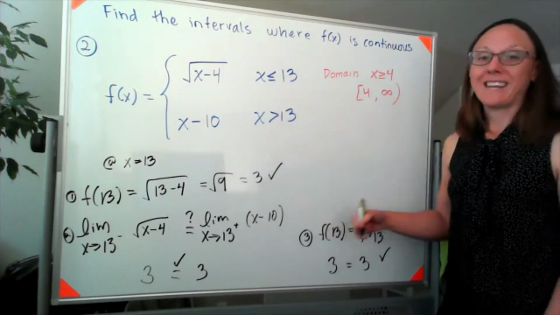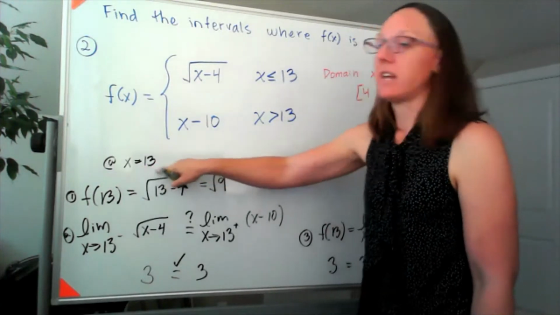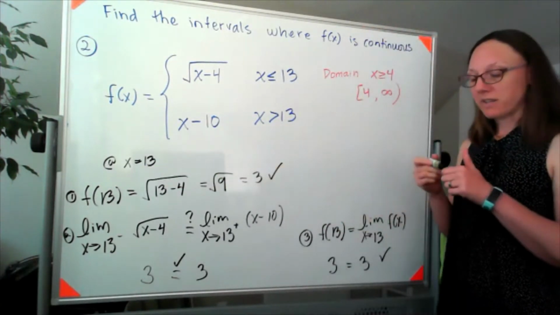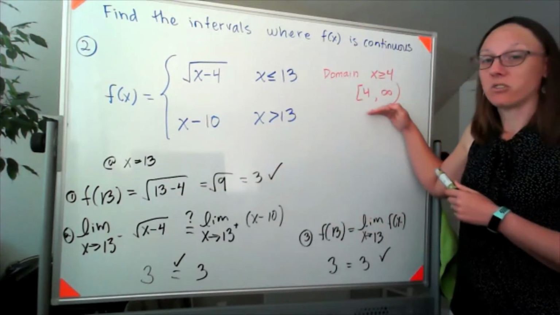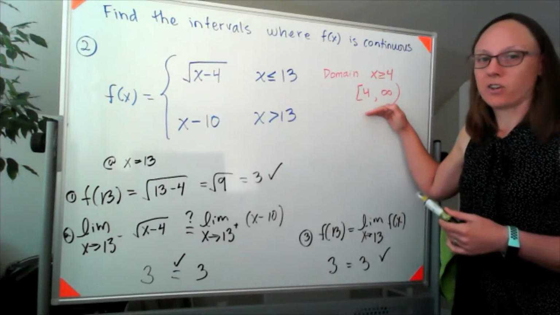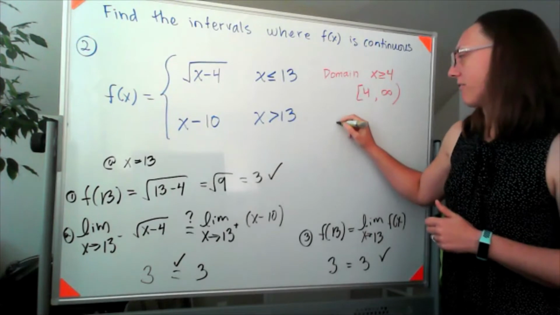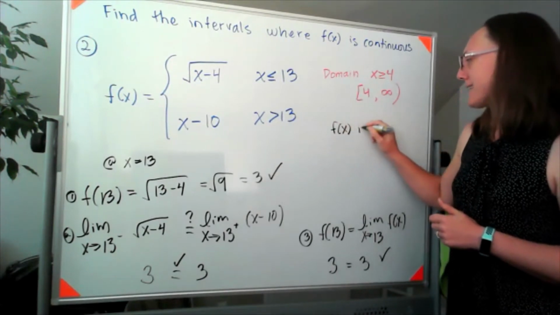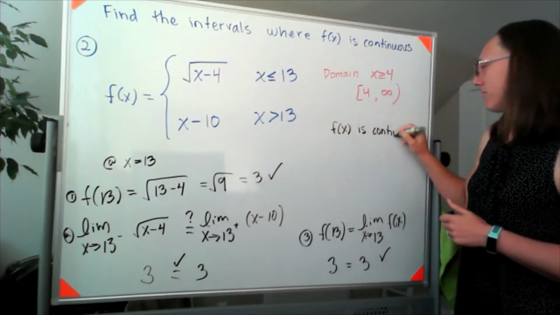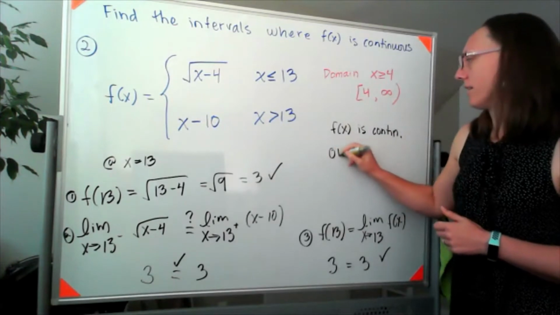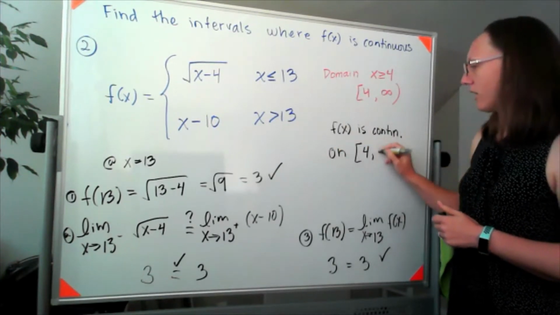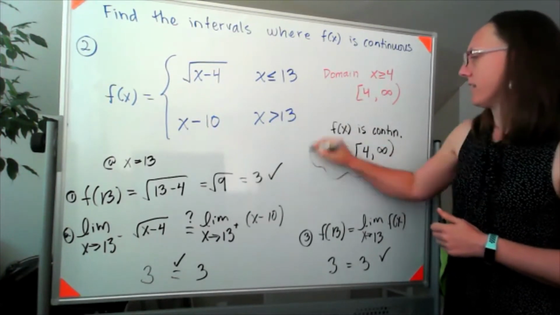So this function is continuous at 13, which means this original domain is also the interval where f of x is continuous. f of x is continuous on 4 to positive infinity.